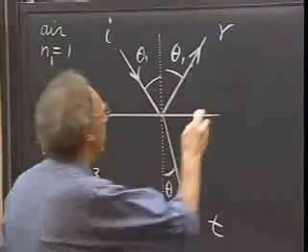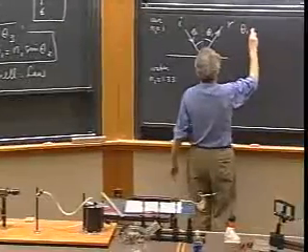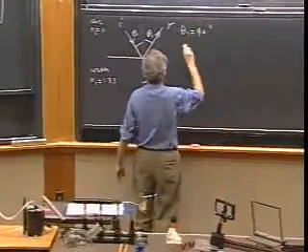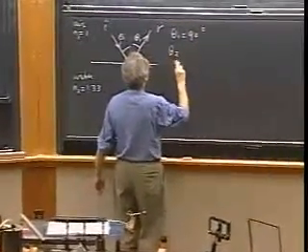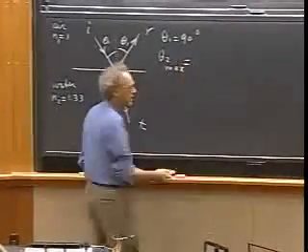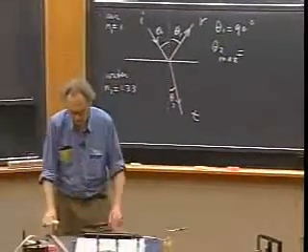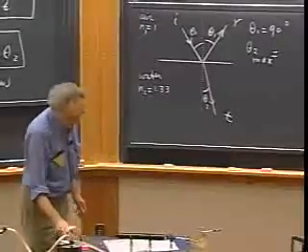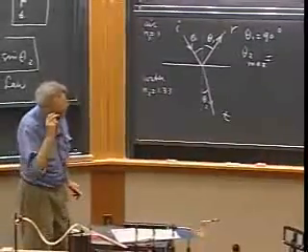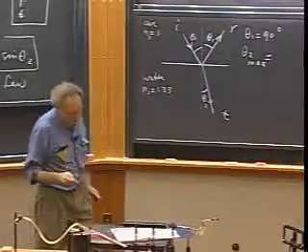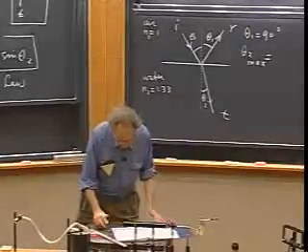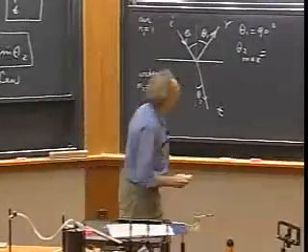And when you make theta 1 90 degrees, theta 2 has a maximum. And that maximum follows immediately, of course, from Snell's law. And in this case, the angle theta 2, which is the maximum value that you can have, is then 48.7 degrees.